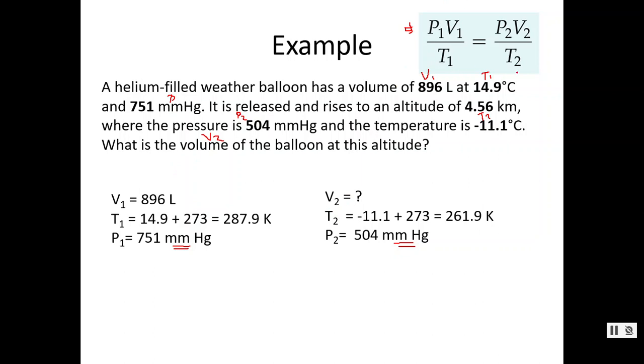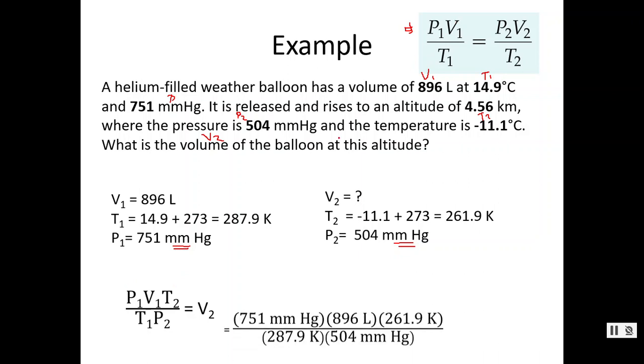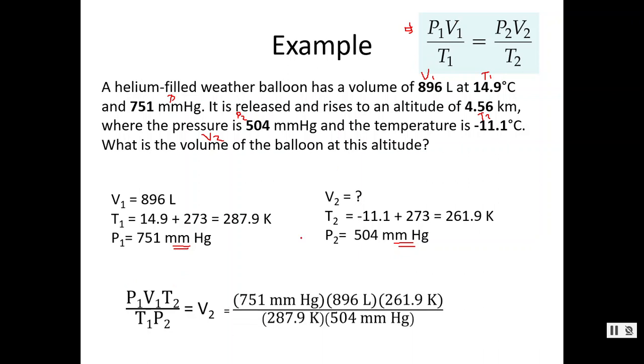I need to solve my combined gas law for V2, which I've done neatly down here by cross multiplying and dividing from what's in the blue box. I then substitute the appropriate values in, number and unit. I see that my millimeters of mercury units cancel, my Kelvin cancels, I'm left with liters.